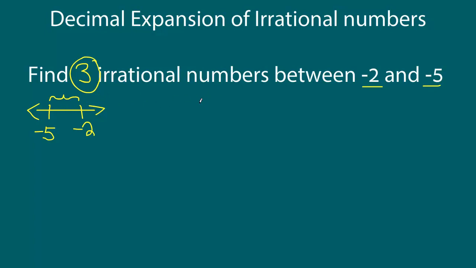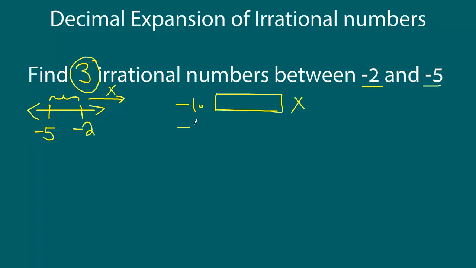If we were to write an irrational number -1 point something, will that be valid? The answer is no, because -1 point something will be in this area and that is not allowed.